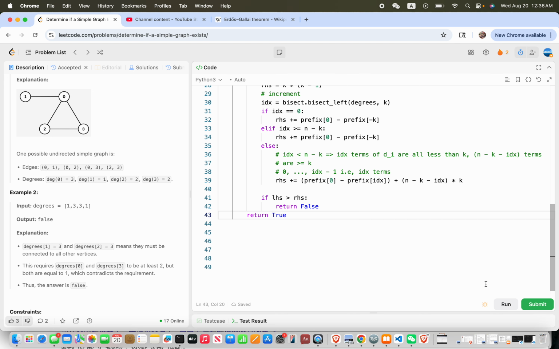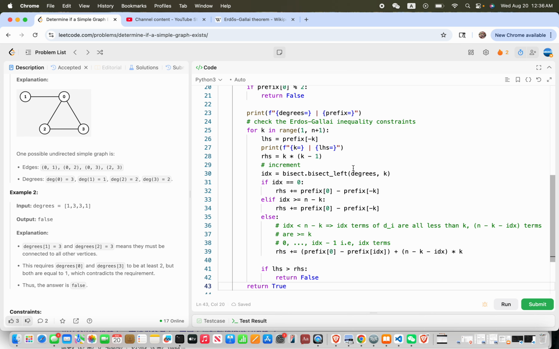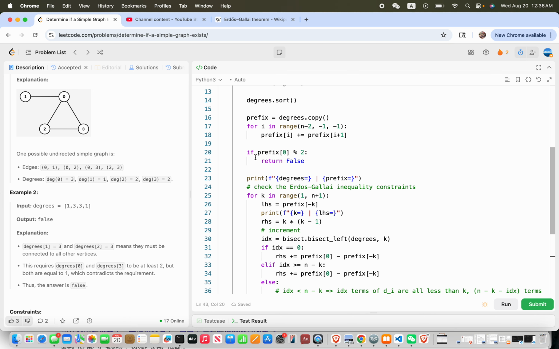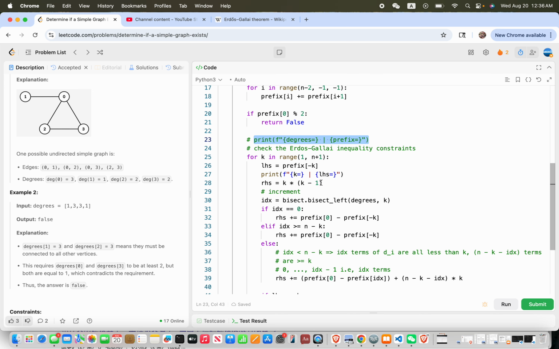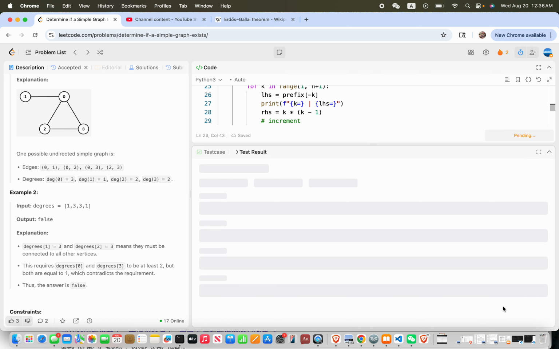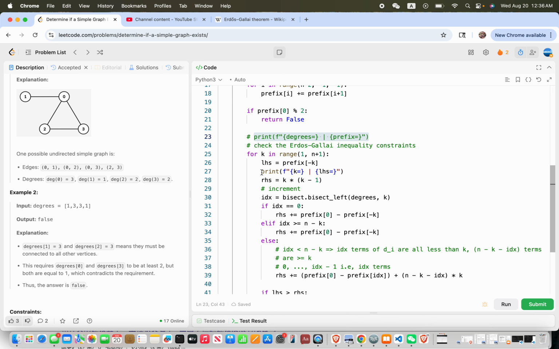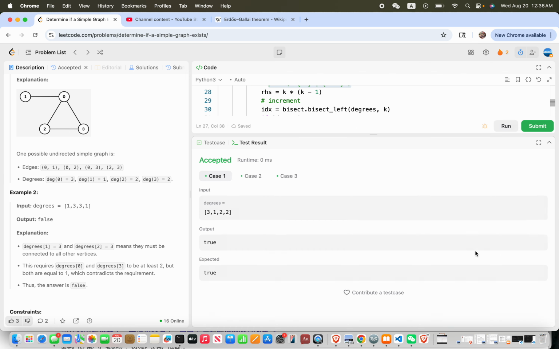So let me do a quick test. Yeah, it passes the 3 cases. Let me comment out these print operations and submit that. If you do not comment out the print operations, it's possible that you get an output limit issue. Let me submit.